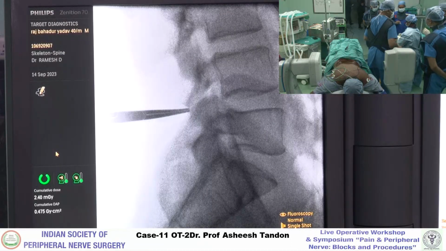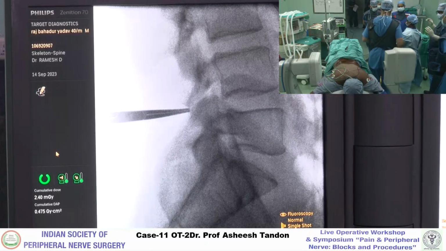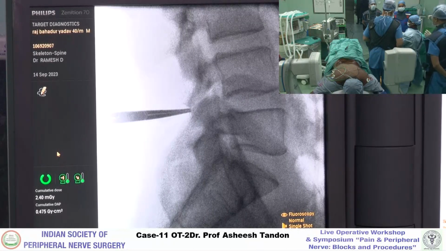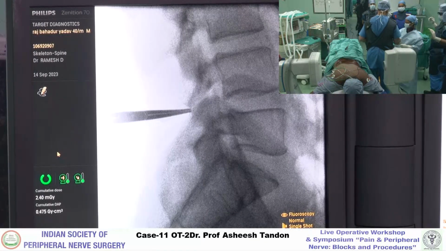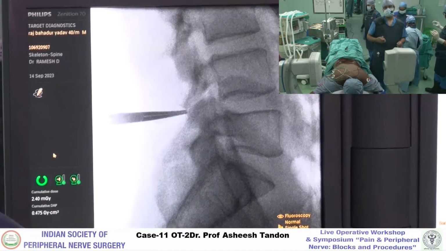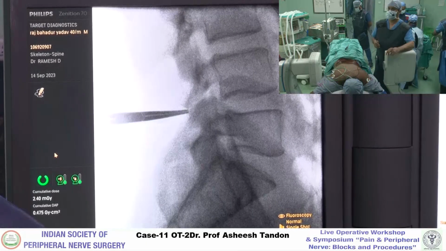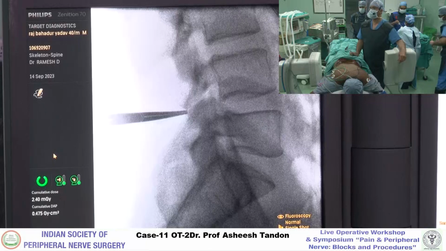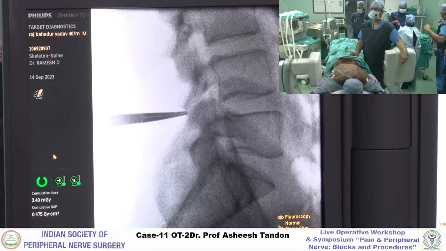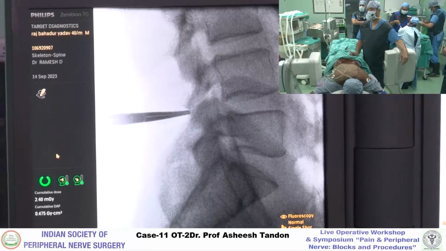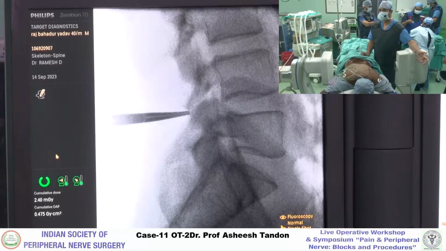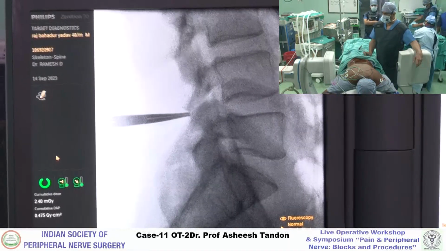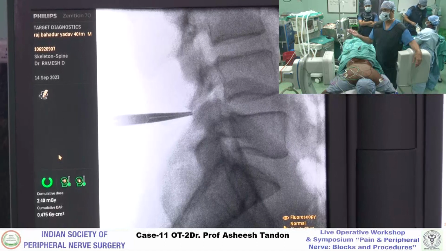Asheesh, yes. There's a question from the audience: when should we consider the epidural block and when should we consider transforaminal block? Results of transforaminal blocks are better. The idea is you need to spread the drug to the area of pathology. If your patient has exclusively a one-sided symptom, obviously you don't want to go to the opposite side.